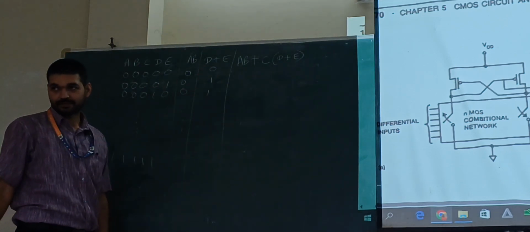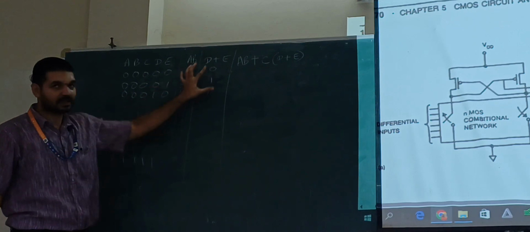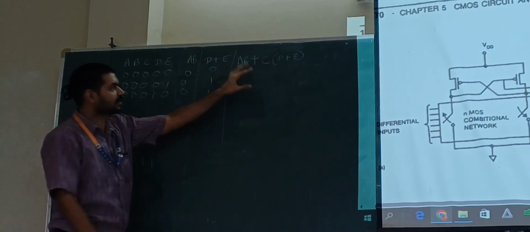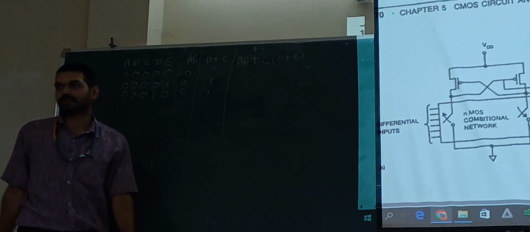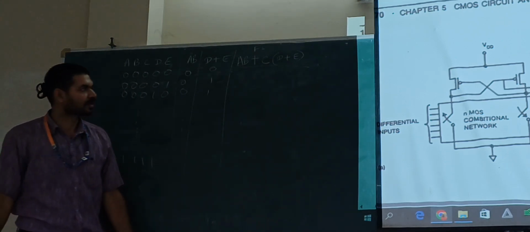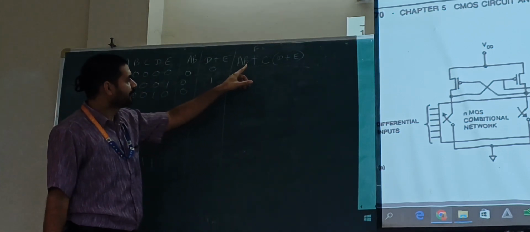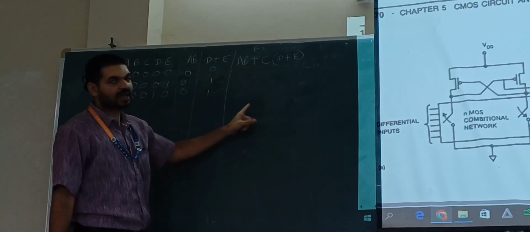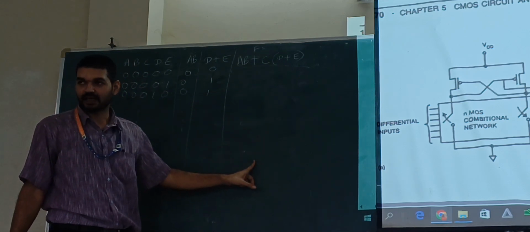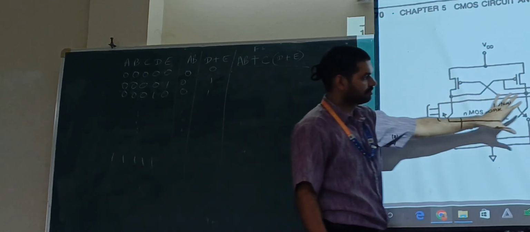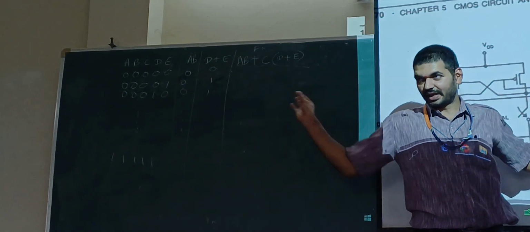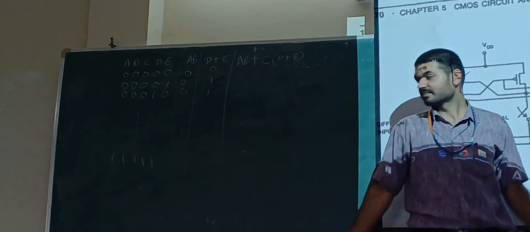So finally, in all you will get some answer for F. Whatever may be the answer, the same truth table can be analyzed here.